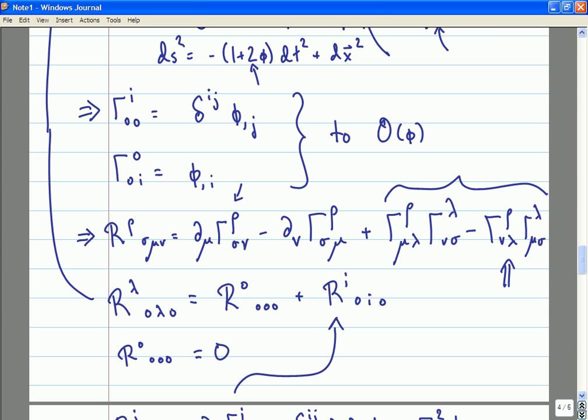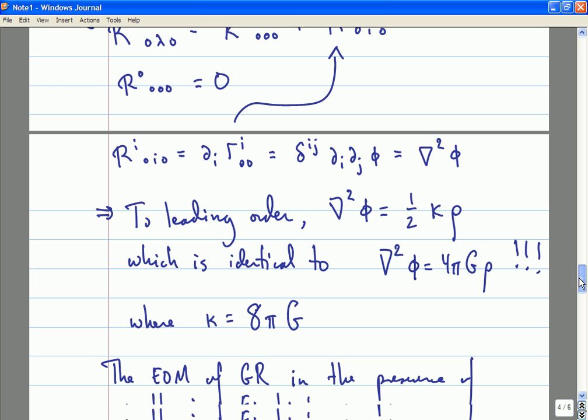So when we were working at linear order to find the equations of motion of Newtonian gravity hiding inside Einstein's equations, we were neglecting all of these nonlinear terms. But, of course, those nonlinear corrections are there. And they will have a lot of very interesting implications.